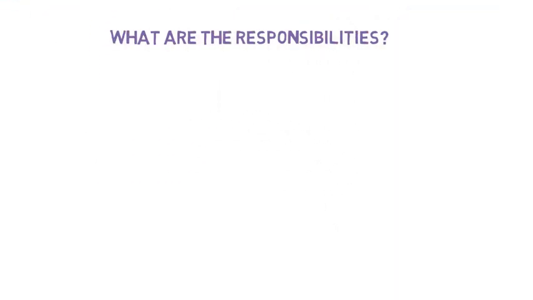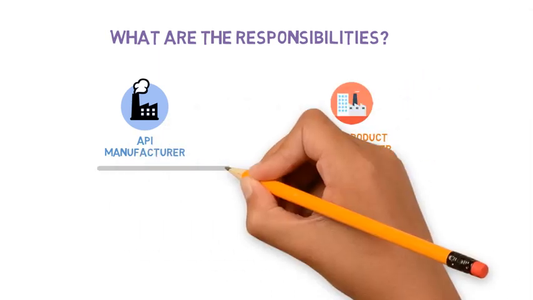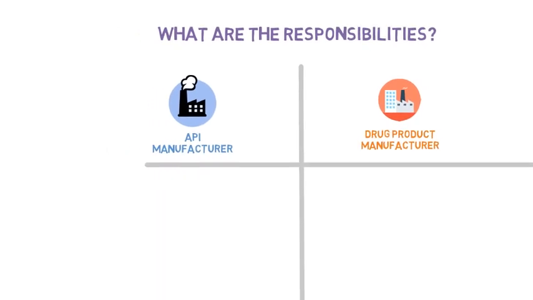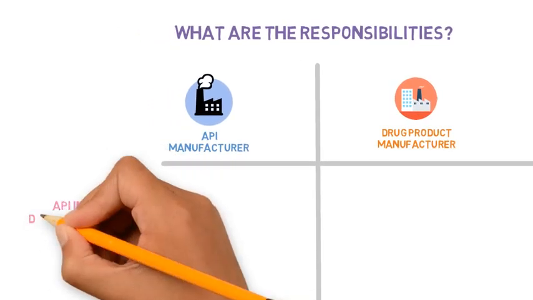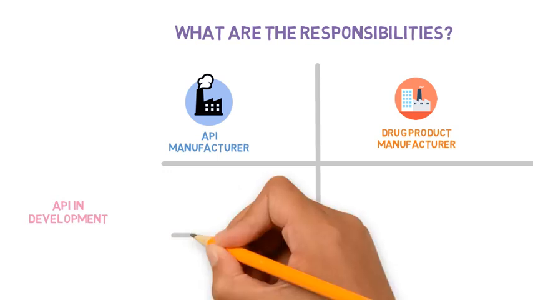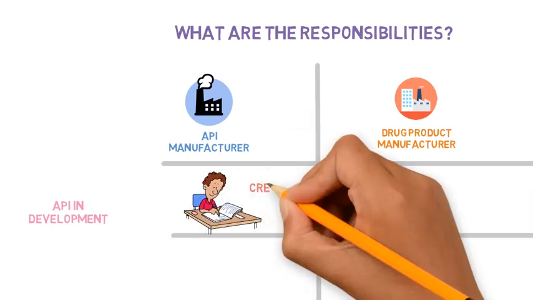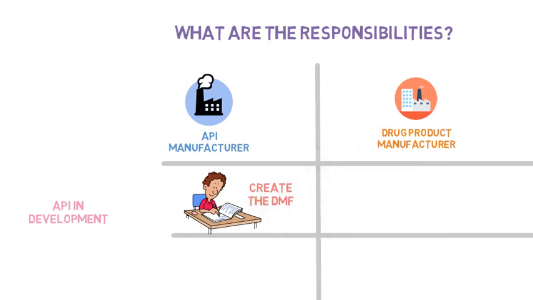So what are the responsibilities of API and drug product manufacturers in the management of DMFs? This depends on the moment where we are in the product life cycle. For APIs which are still in development, the API manufacturer needs to create the DMF, which will be shared with clients and regulatory agencies only when it's ready.